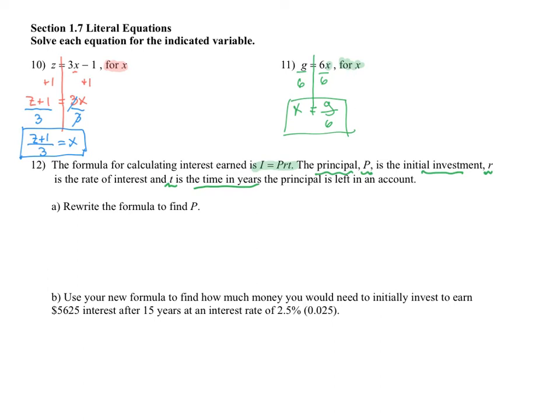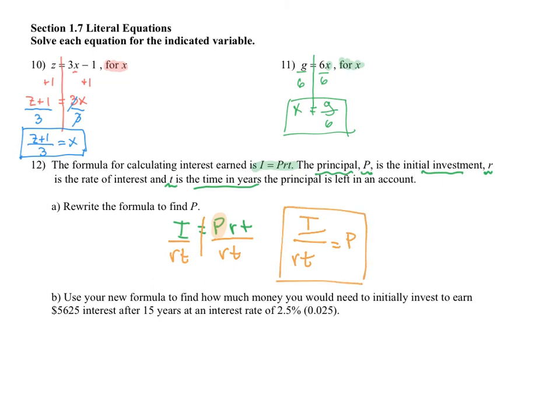So rewrite the formula to find P. If I take that formula, I equals PRT, I'm going to divide so that I get the P by itself. So divide both sides by RT, and we can see that we have I divided by RT equals P, and that is our answer there.